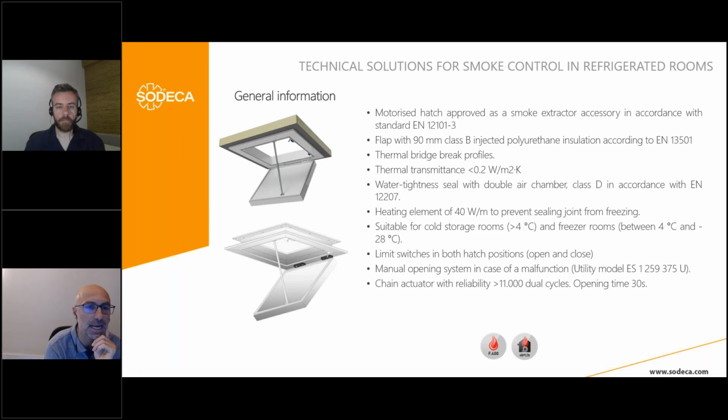It has a heating element of 40 watts per meter to prevent the sealing joint from freezing. We only need to use it in below-zero chambers. It is suitable for cold storage, let's say over 4 degrees, and freezer rooms between 4 and minus 28 degrees.